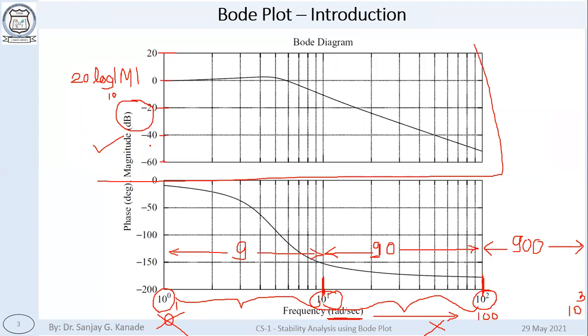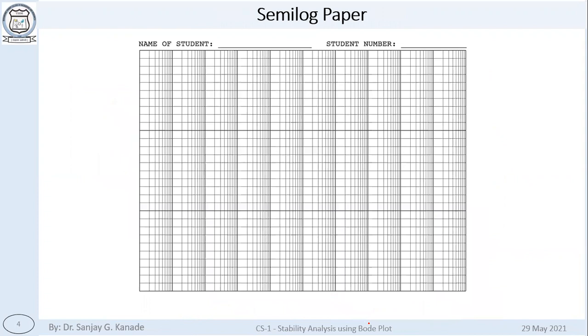You can see minus 60, minus 40, minus 20, 0, 20 equally spaced, and the distance between each major division is 20. So this is a linear scale graph on one axis and logarithmic scale graph on another axis. See here, these smaller divisions are not equal distance divisions. These are logarithmically scaled divisions.